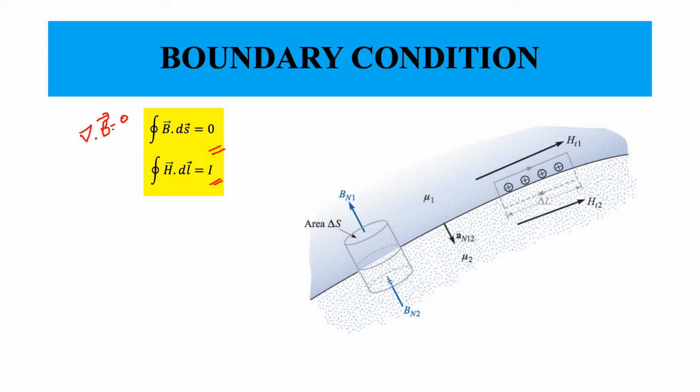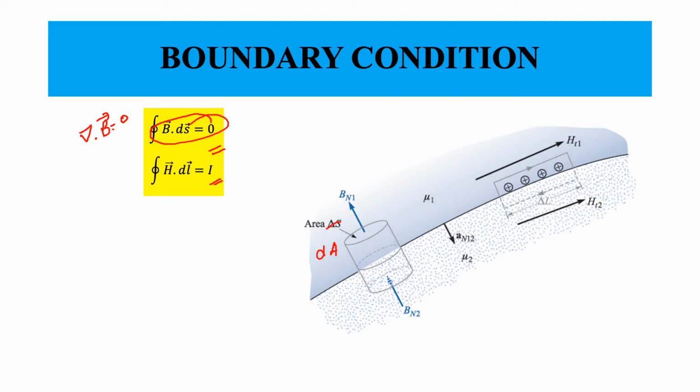So if you apply the first law, integral of B dot dS is equal to 0, you have to imagine a Pepsi can. So you have to imagine a Pepsi can, and then there is an area of dA, not delta S. We are assuming area as dA.